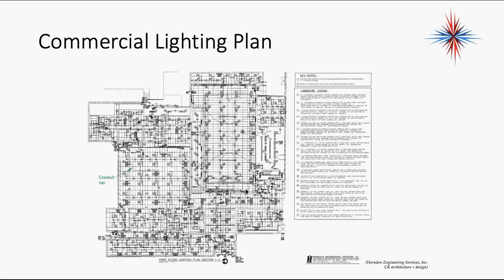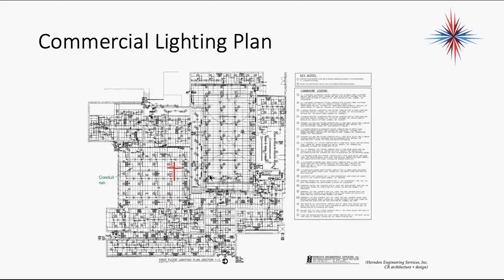Commercial lighting plans, much more complicated. What you're looking at, all these little grids, like right there, there's a grid pattern. That's your suspended ceiling. So they're basically saying they're going to have a light fixture installed every other ceiling tile.